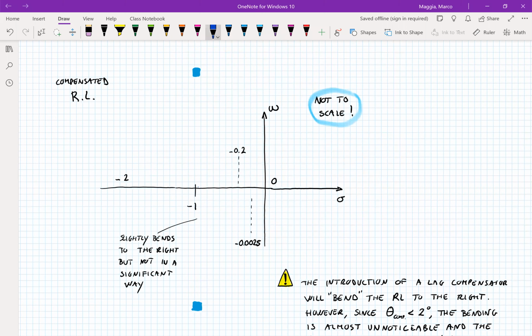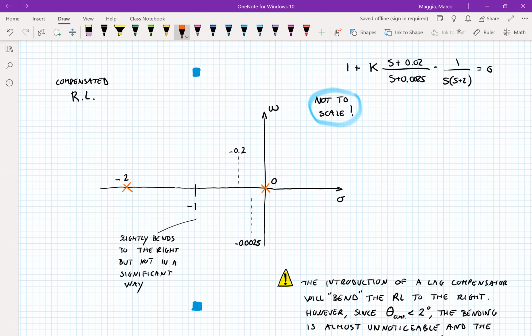Now, if we draw the root locus for the compensated system, we'll see that, well, let's write the characteristic equation. All right, so we have 3 poles, the 2 original uncompensated poles at 0 and at -2.